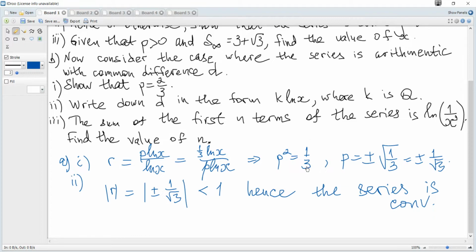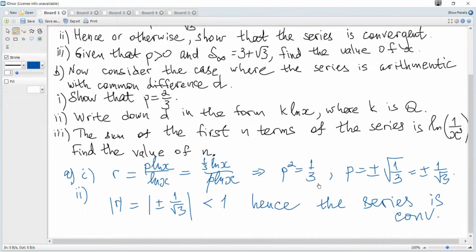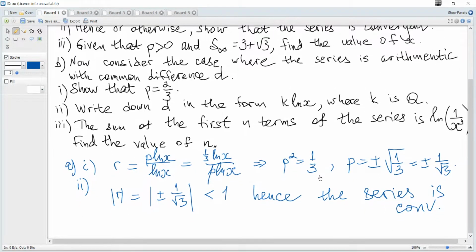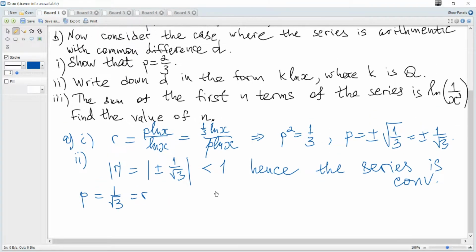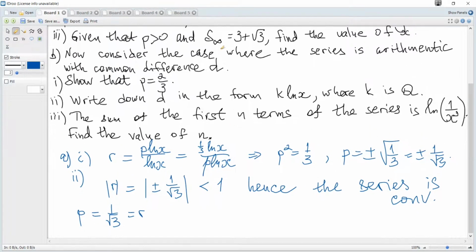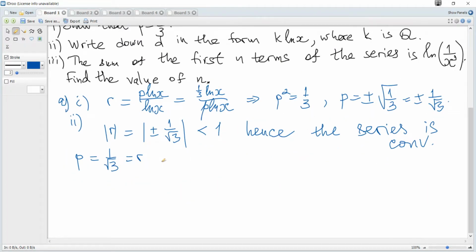The next part: given that p is greater than 0, so p is plus 1 over root 3, and the sum to infinity is equal to 3 plus root 3, find the value of x.